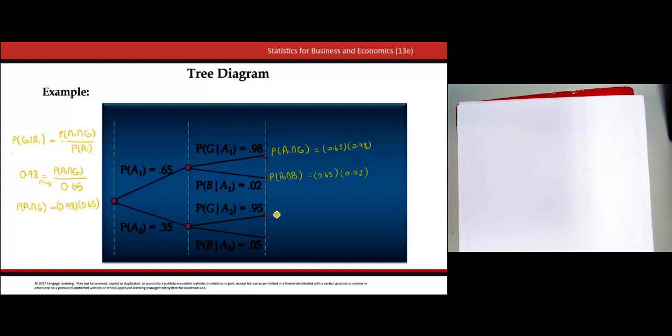This is another outcome, which is part is good and comes from supplier 2. Now we multiply probability of G given A2 times probability of A2. And the other outcome is probability of A2 intersect B, part is bad and comes from supplier 2, 0.05.